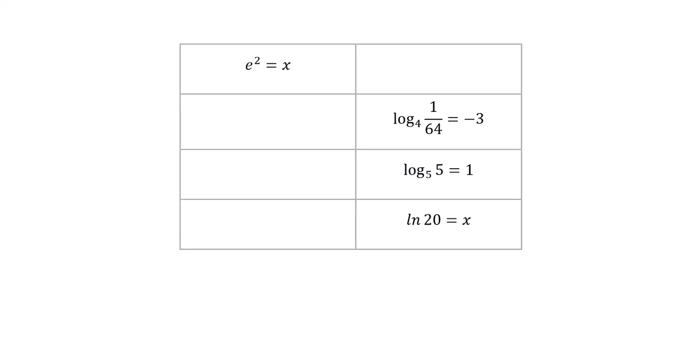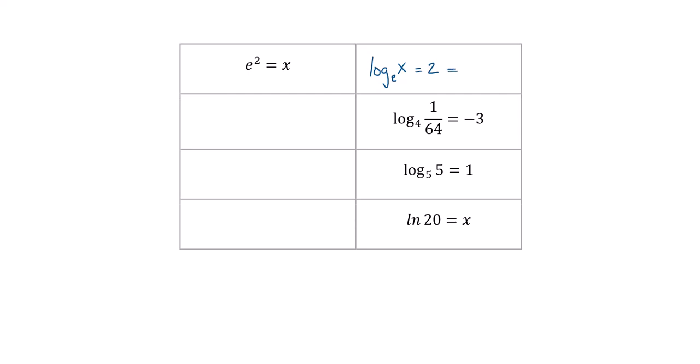Continuing on my conversions, I have on the left side here, e squared equals x. So I'm going to write log base e. The exponent is what the log equals, and there is the argument of my log. I have e squared equals x.